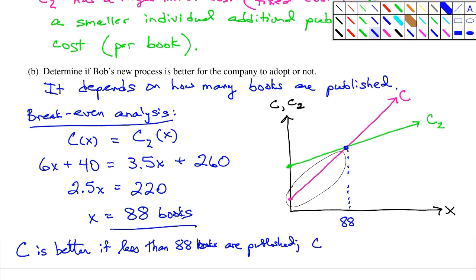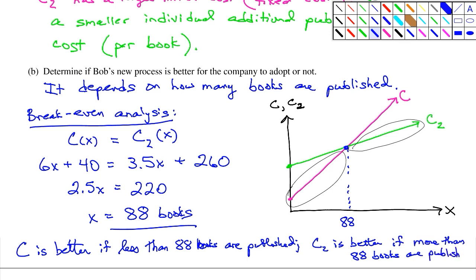And then C2, which would then be this piece right here, is better. I'm picking these because they're smaller, they're lower numbers. Whichever graph is lower is the one that is the winner, right? Because the lower the graph is on the grid, the cheaper it is. So C2 is better if more than 88 books are produced, are published, rather.